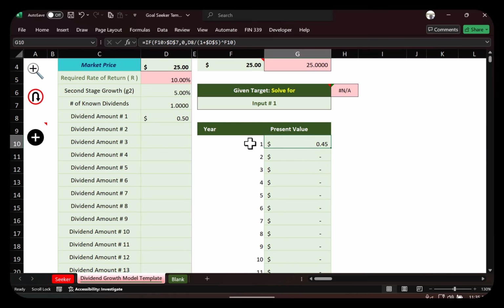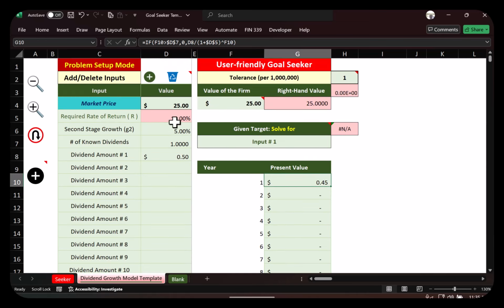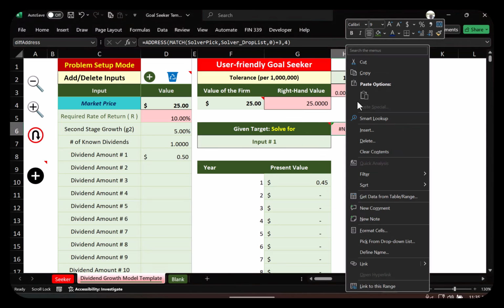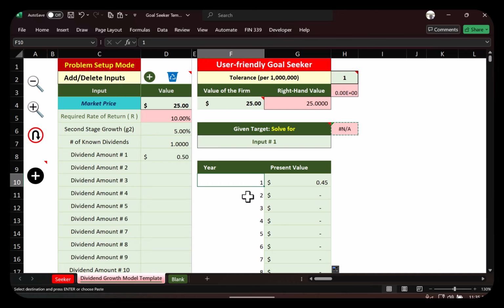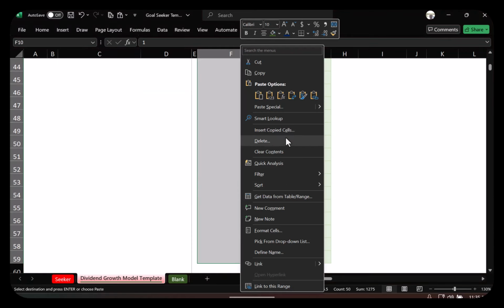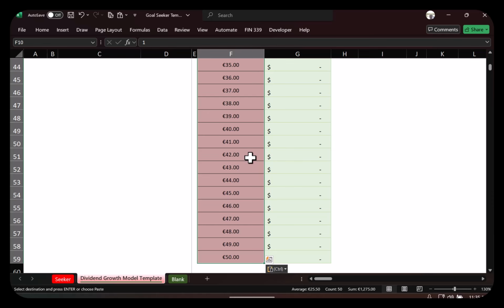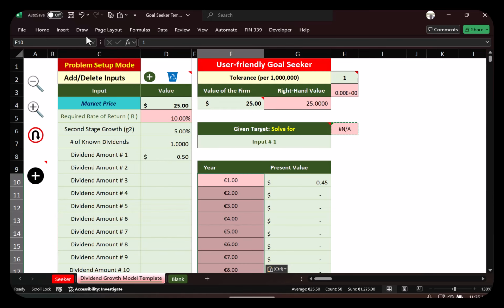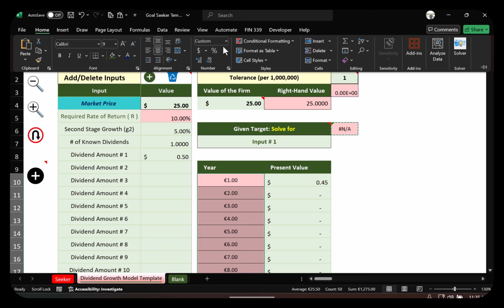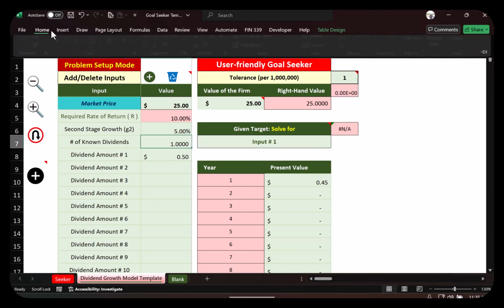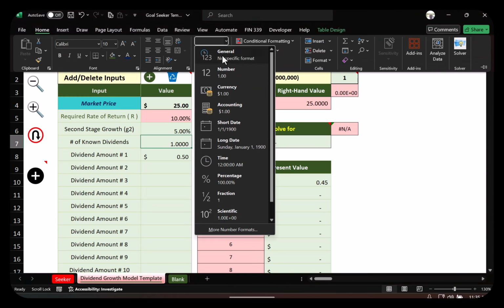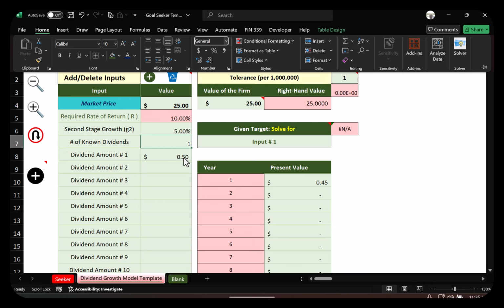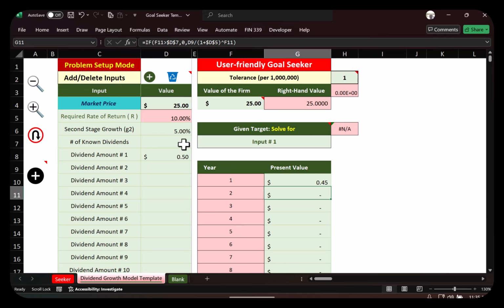All right. And I'm going to also make these pink. I don't want any format on those. Just general. I want this to be general as well. Presumably, you're not going to have a non-integer number. Okay.